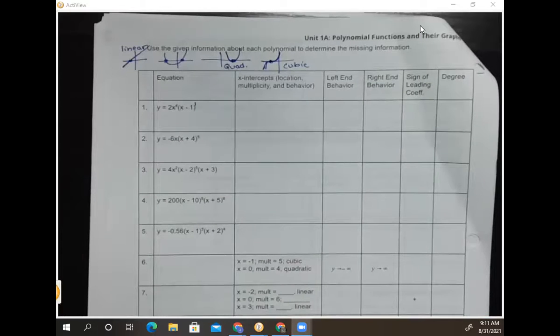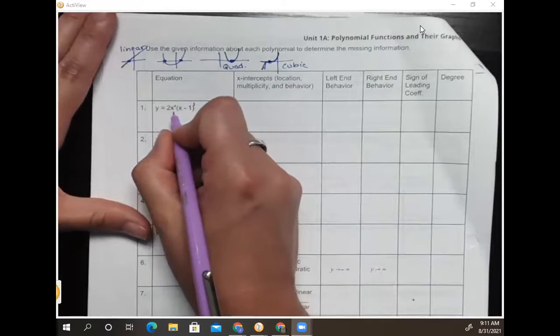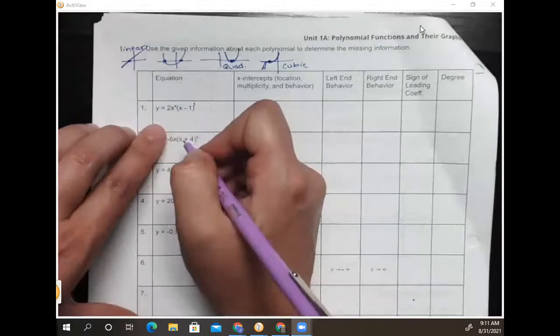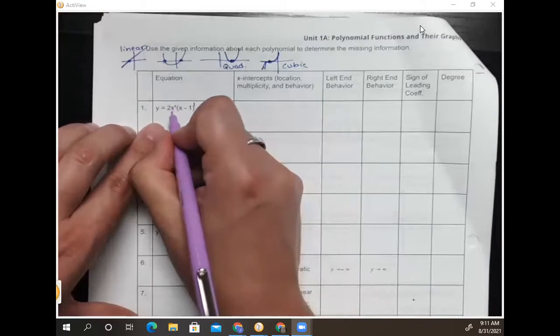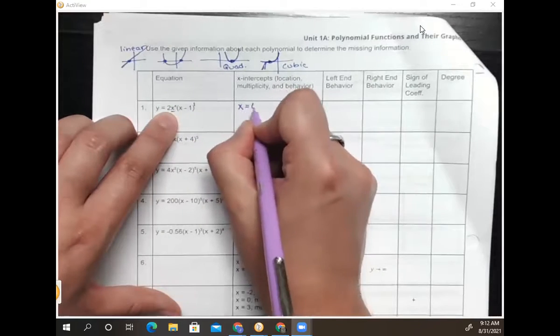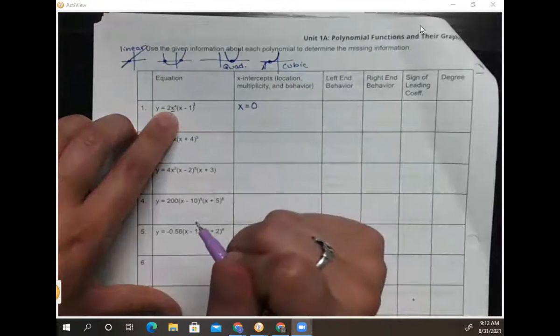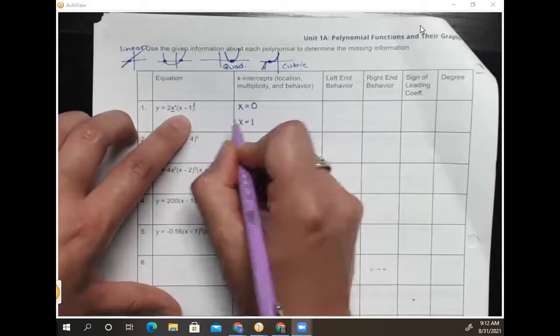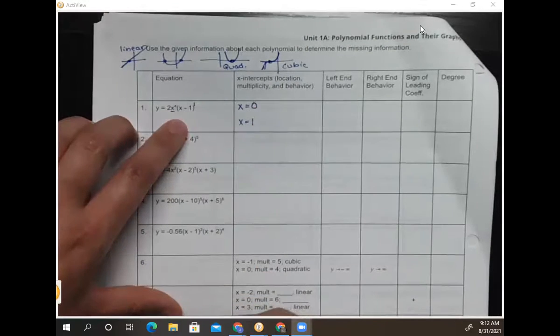For our first example, I've got 2x to the 4th times (x minus 1). Our x-intercepts from this function would be 0 from this x to the 4th, so x equals 0 is an x-intercept, and then x equals 1 is an x-intercept. And those are the types of problems we worked on together in class yesterday.